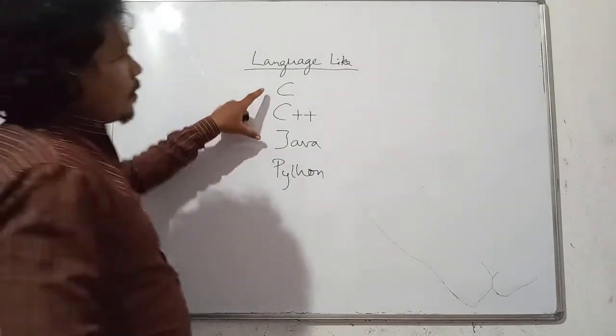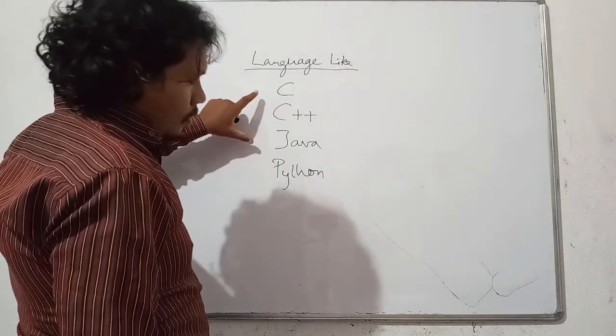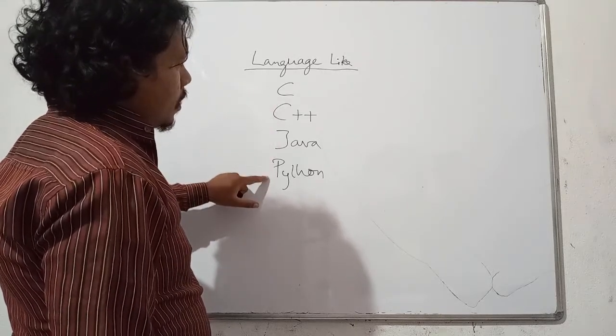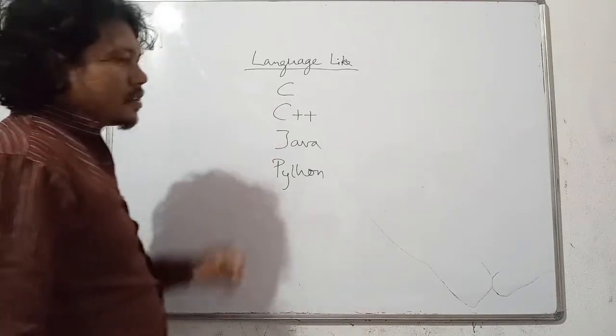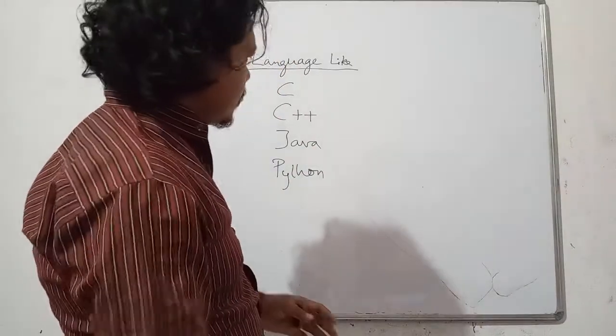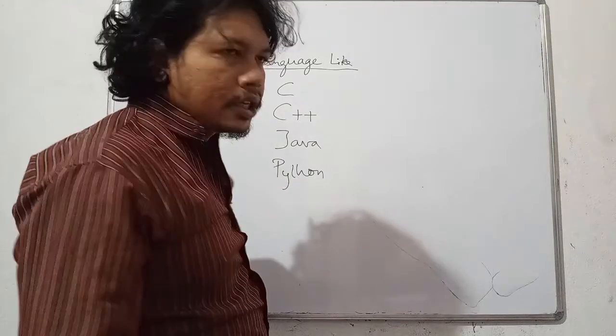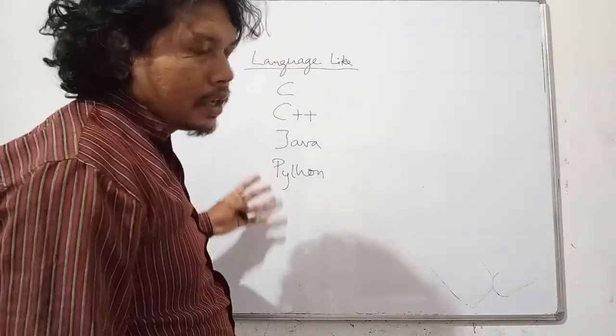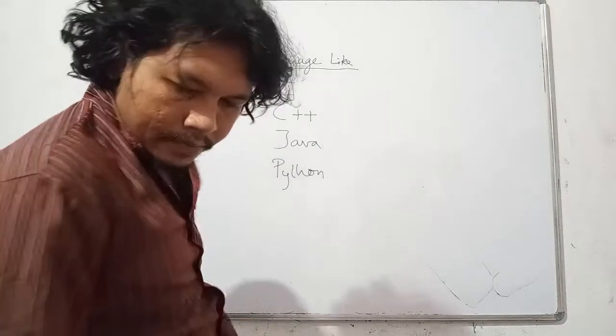All these programming languages, C, C++, Java and Python, have some fundamental concepts. So we are going to see some fundamental concepts based on these programming languages.